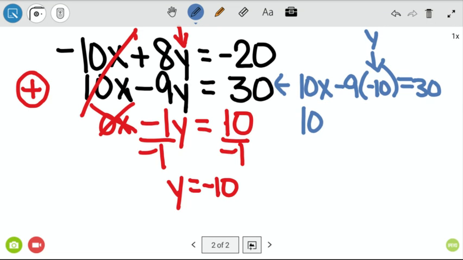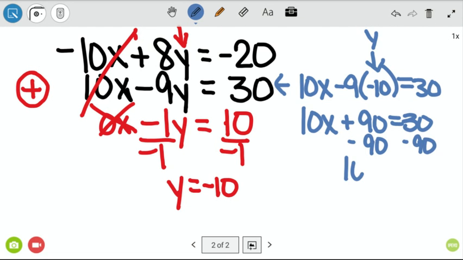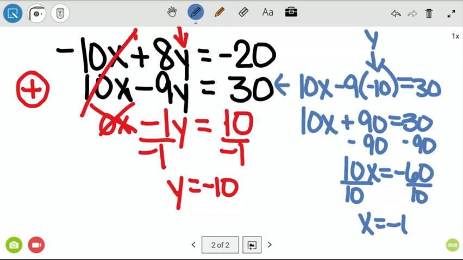So now I can just solve this equation. A negative 9 and a negative 10 gives me a plus 90 equals 30. I can subtract my 90 from both sides. And that gives me negative 60. And then my final step, to get x by itself, I divide and I get x is negative 6.